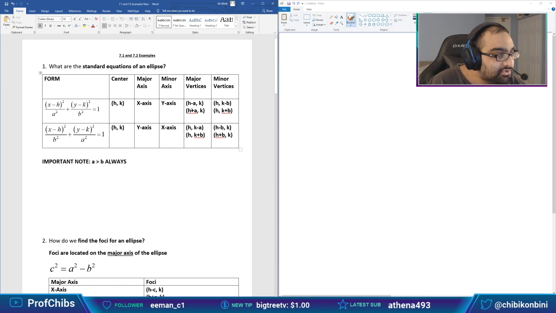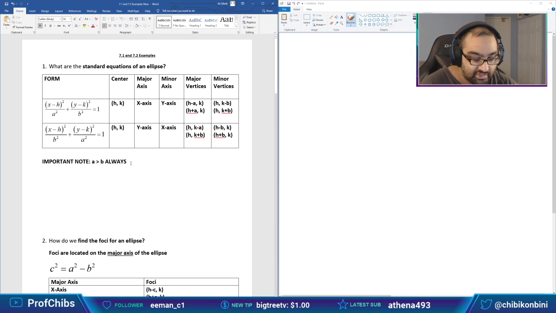Number one with this table, what's the general shape? Let's take a look at the first one. We have again (x minus h) squared over a squared plus (y minus k) squared over b squared equals 1. Associated with each of these ellipses is a center, which is going to be (h, k). By the way, one thing to keep in mind is that h comma k is always opposite of what is written.